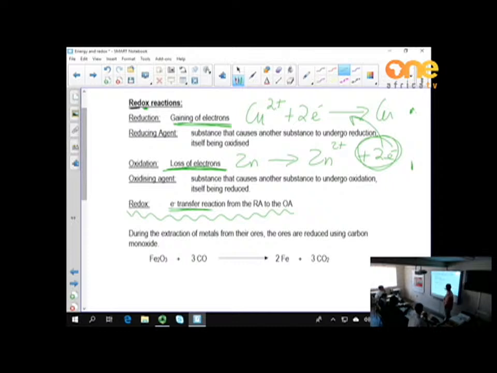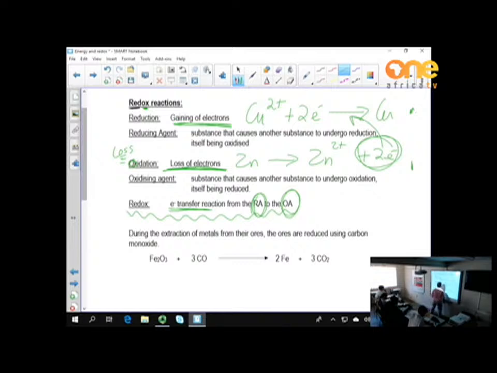Now we use the terms reducing agent and oxidizing agent. Now, don't get confused. Oxidation is a loss. The O for oxidation is the O in loss of electrons. Then reduction has to be the gaining of electrons.